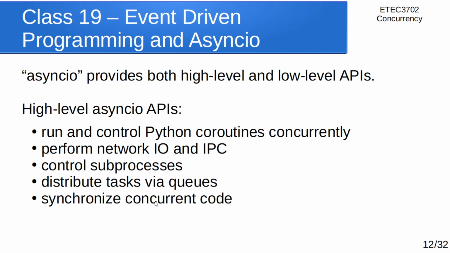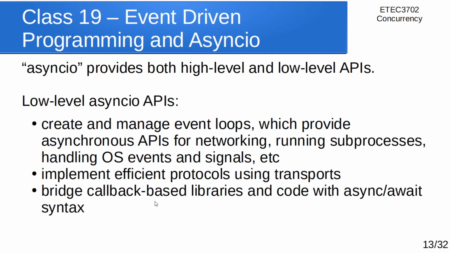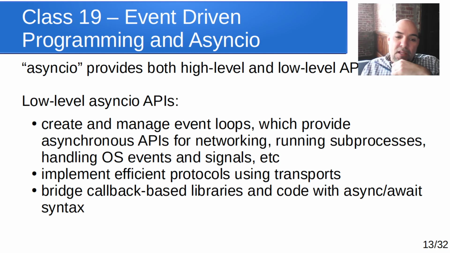this async IO concurrent code. Now the low-level APIs allow us to create an event loop, which provides APIs for networking, running subprocesses, handling operating system events and signals, and so forth. It also gives us the ability to implement efficient protocols using what we're going to call transports, and we'll talk about that later.